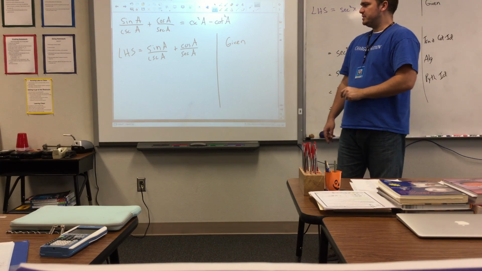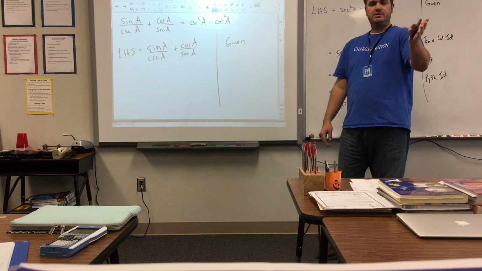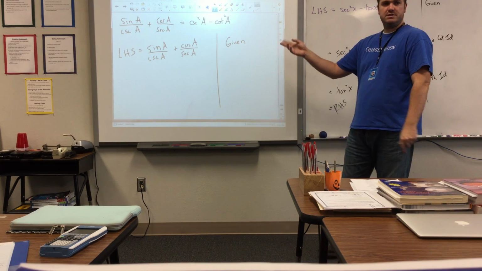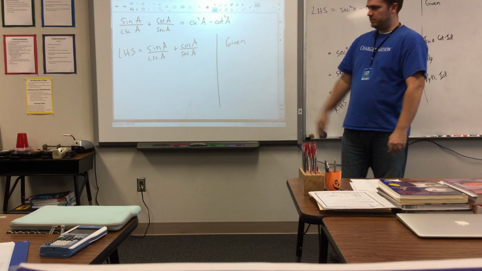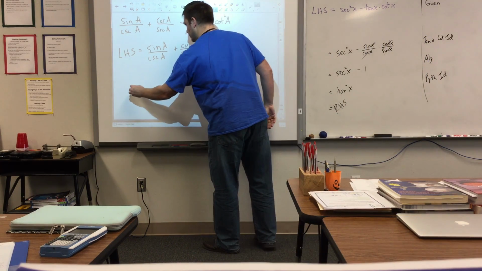All right, so there's the left-hand side, and that's given. Matthew, you suggested turning cosecant and secant into the reciprocals. I like that idea.